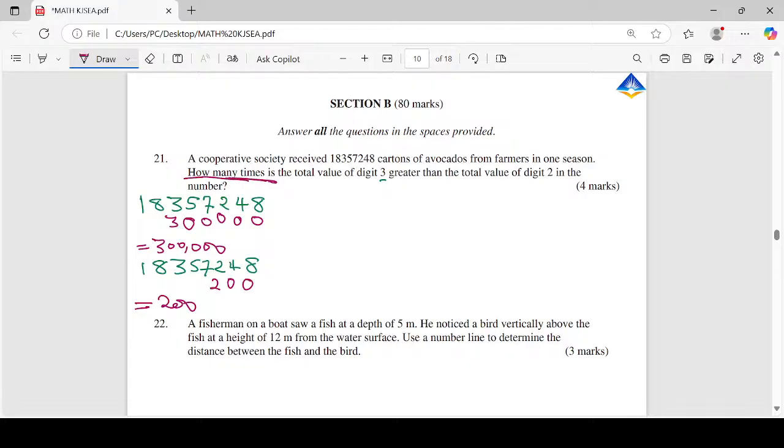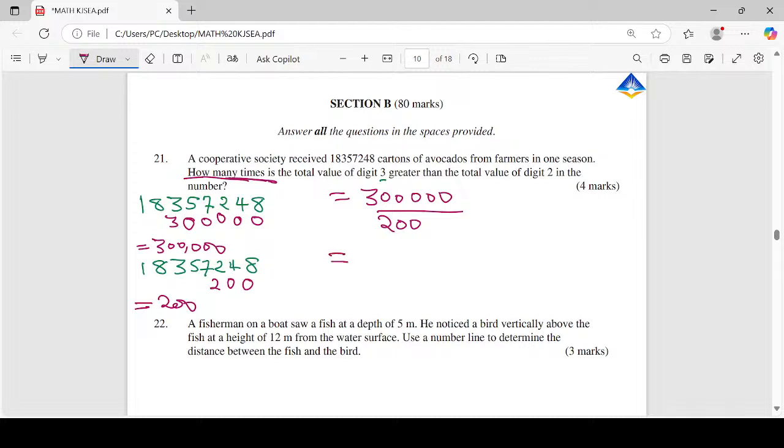Now, the question is, how many times is the total value of digit 3 greater than the total value of digit 2? Because it's talking about how many times, I take the total value of digit 3 divided by the total value of digit 2. So 300,000 divided by 200.